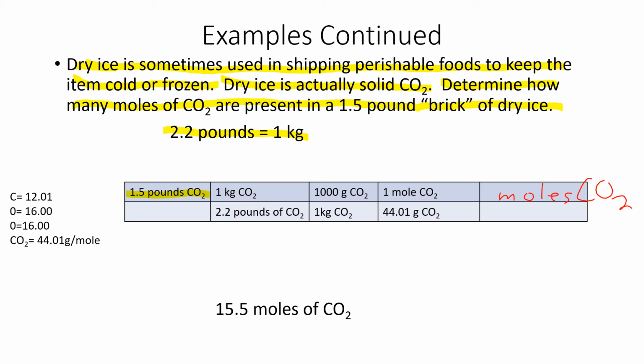Do I have a way to get from English to metric? I do. It's provided for us. 2.2 pounds is 1 kilogram, so I can use that right away. I want to place the pounds in the denominator because I started with pounds in the numerator. Then I'm going to put the kilograms of the CO2 in the numerator.